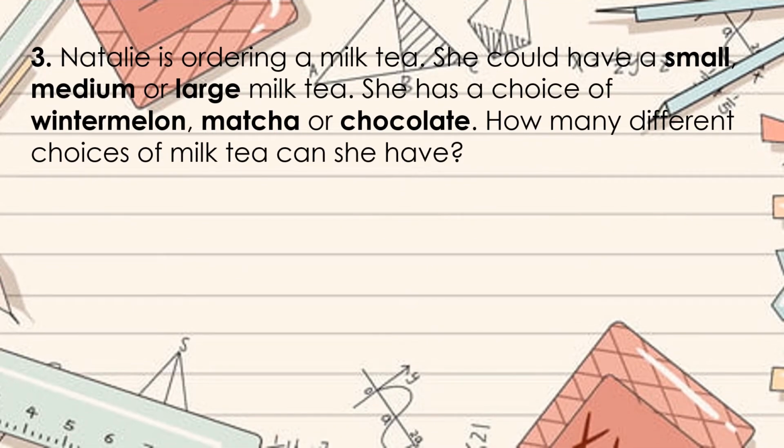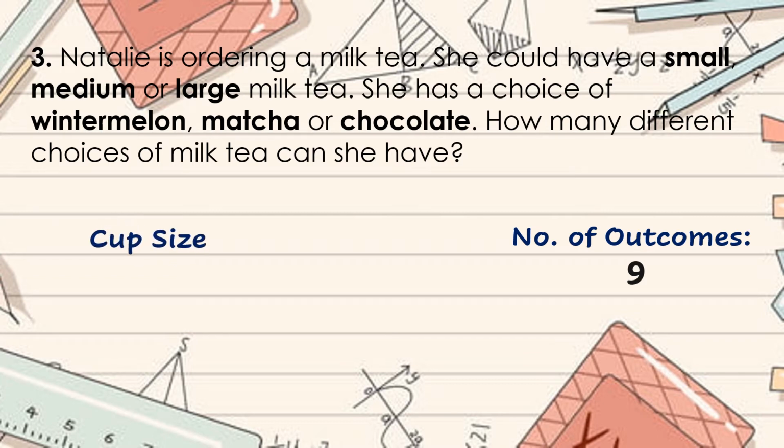problem, in which Natalie ordered a milk tea. And she had choices of small, medium, large for cup size. And for flavor, she has winter melon, matcha, or chocolate. Ayan. And we got here a total number of outcomes, 9.